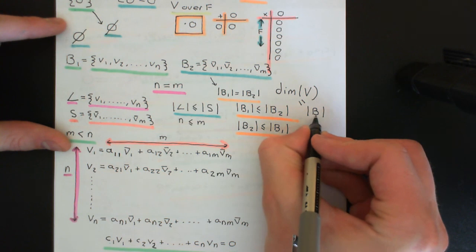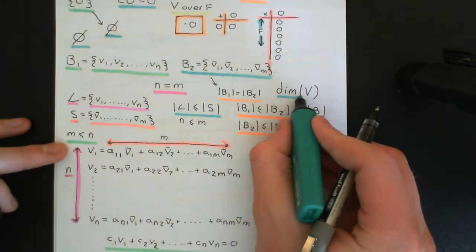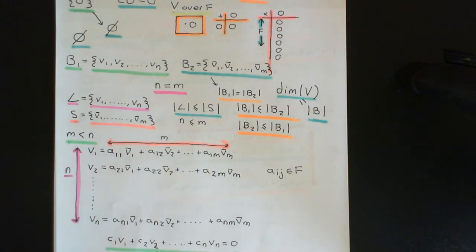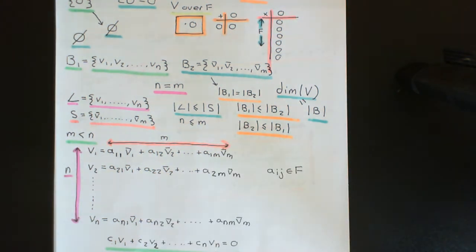If B is a basis of this finite dimensional vector space, how many vectors does it have in it? That's what we will call the dimension of the vector space, and we know now that that's a well-defined parameter because all bases that you can possibly dream up for this vector space V will have the same order. That's what I've just proven.